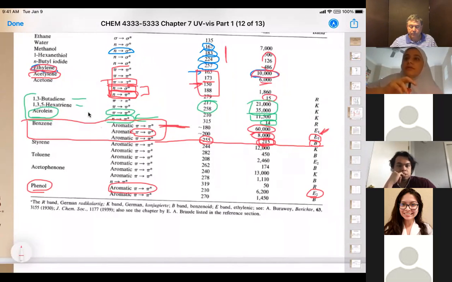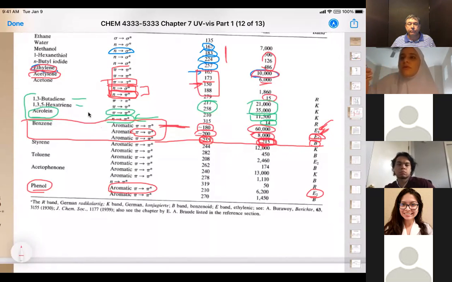So why not E1? It does have an E1 transition, and it's at a different energy. And it has an E2 transition at a lower energy, and it has that aromatic at an even lower energy. Okay, so you are saying that including the benzene, or it also showing the phenol?